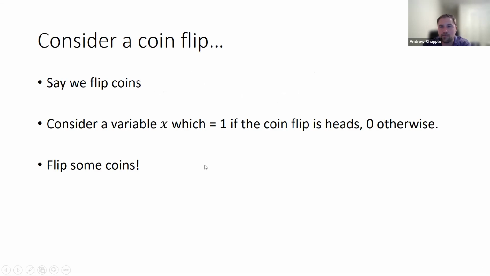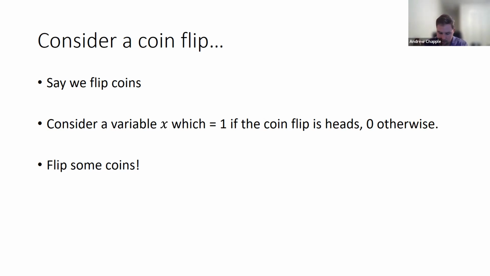Let's flip some coins. I have some coins right here. They're actually euros. I'll just show you the randomness here. I have a heads here. This would be a tails. So I flip it and I'll tell you what X is. I got a tails, so X is a 0.